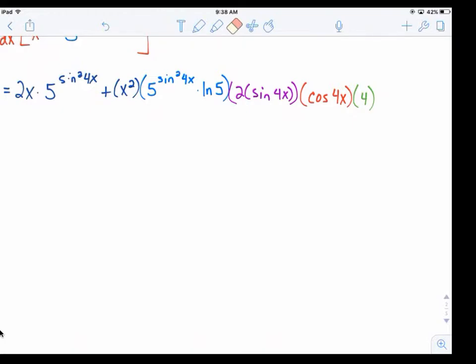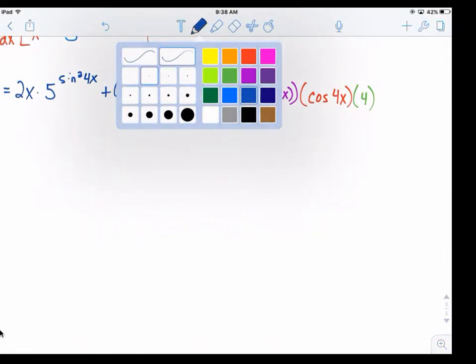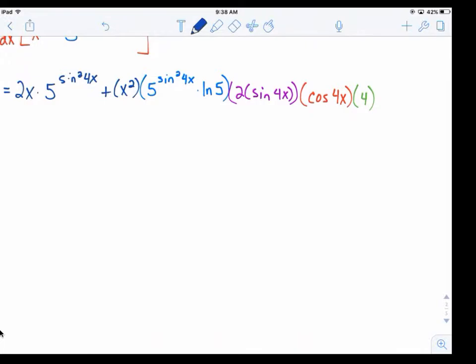Okay, so based off all of that, what do we have in common? What can I factor out? 5 sine squared of 4x I can take out. What else can I take? I can take out a 2. What else? 2x, right?